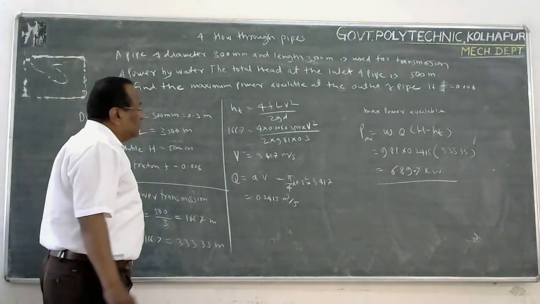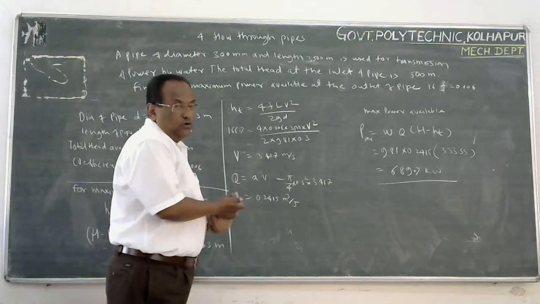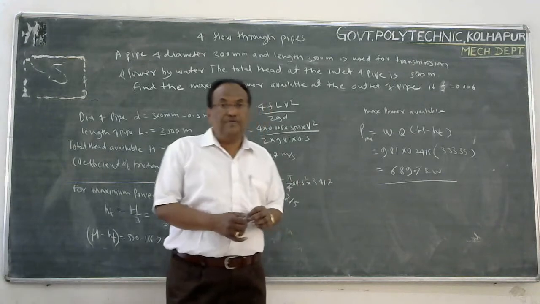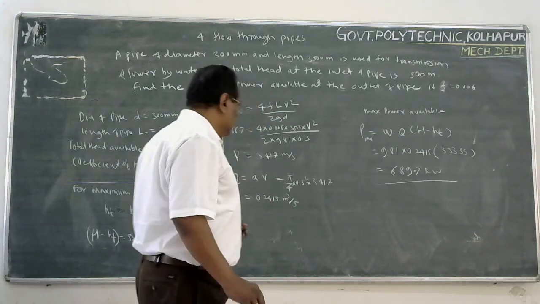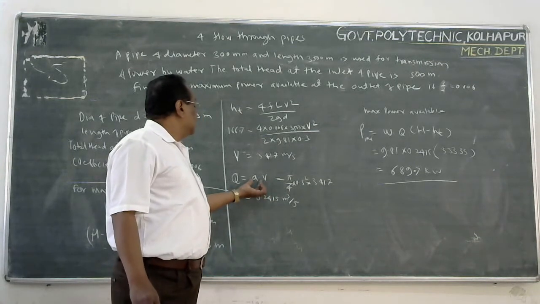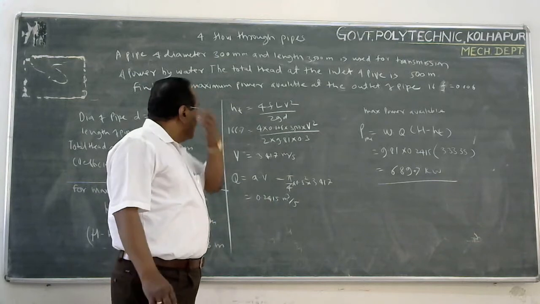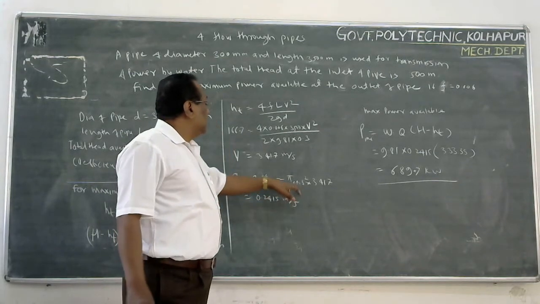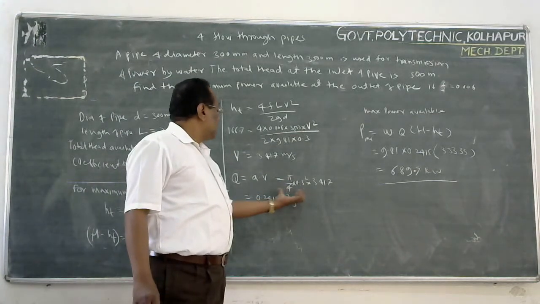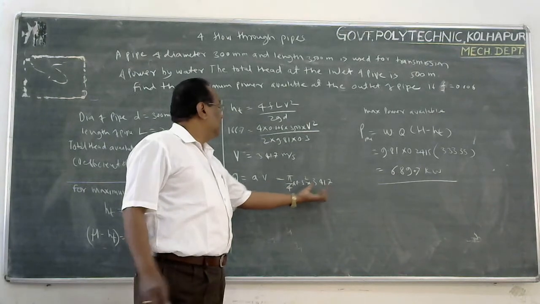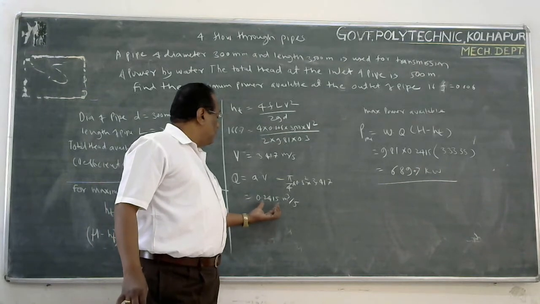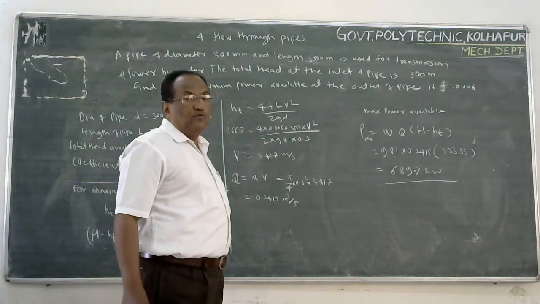Once you know velocity, you can calculate the discharge which is required for the final calculation of maximum power or power transmitted. Q is equal to A into V, cross-sectional area multiplied by velocity. So we know the area is pi by 4 d square, where diameter is given to us. So we can calculate this area multiplied by velocity which we have calculated here. The discharge comes out to be 0.2415 meter cube per second.